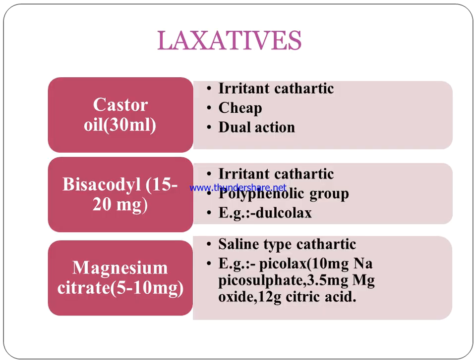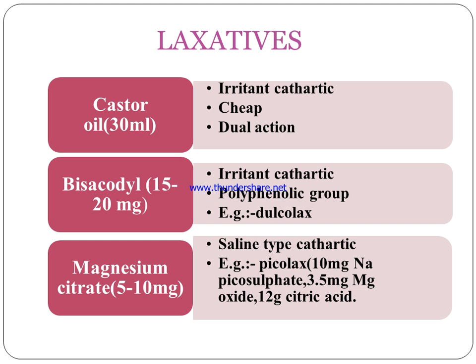For laxative preparation, we use castor oil, 30 ml, as an irritant cathartic. They are cheap and have a dual action. In the case of bisacodyl, they use 15 to 20 mg. They are irritant cathartics.